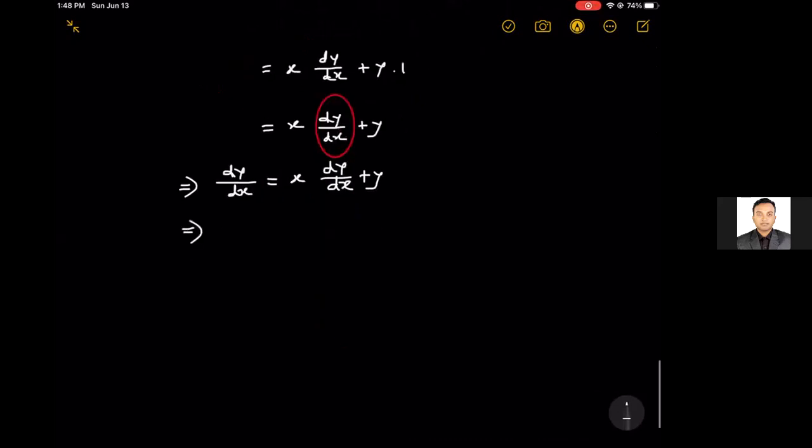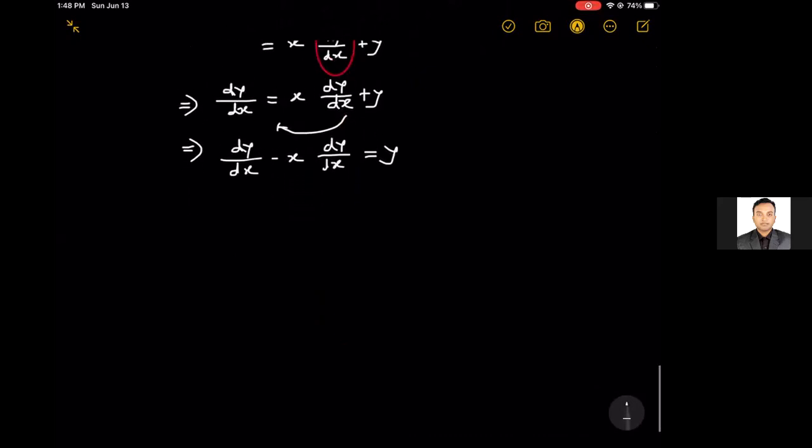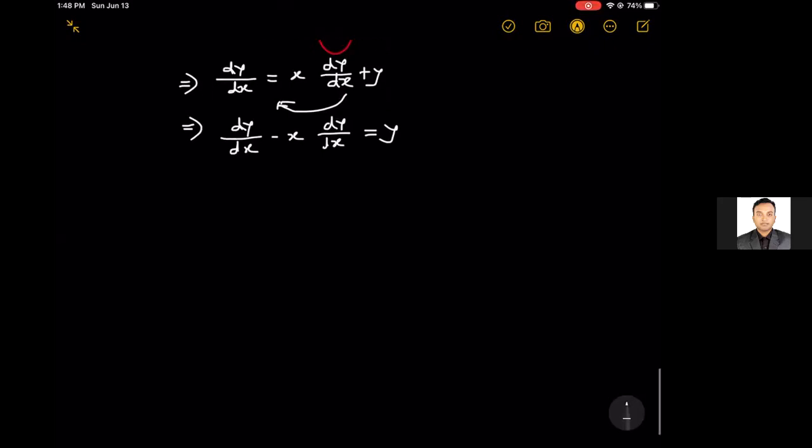So if I change sides for this, it will become dy dx minus x times dy dx equals y, right? Or in other words, you might say that I have subtracted x times dy dx from both sides, whichever way you can remember it. I'm just trying to isolate the terms with dy dx, right?